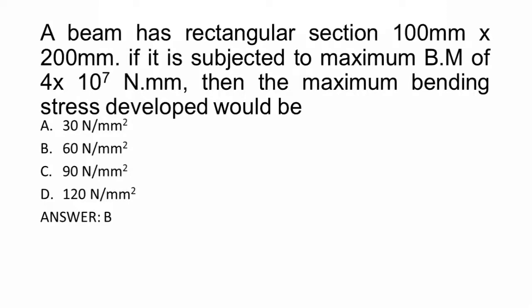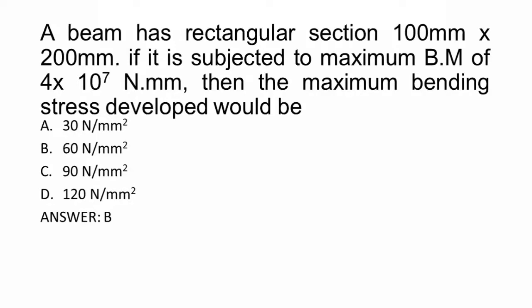F by Y is equal to M by I is equal to E by R. In this, F max we have to find. So cross section is 100 by 200. So from this you can find out what is I value. Then it is subjected to a maximum bending moment of 4 into 10 raised to 7. So you can find what is section modulus I by Y.